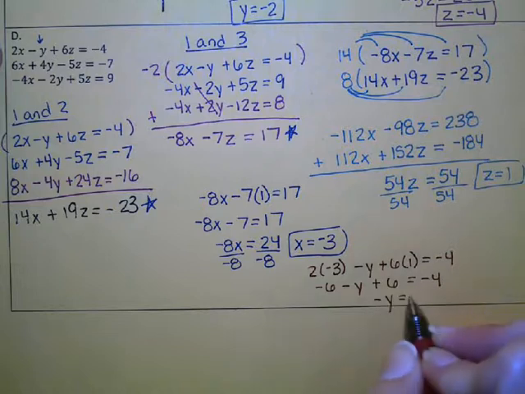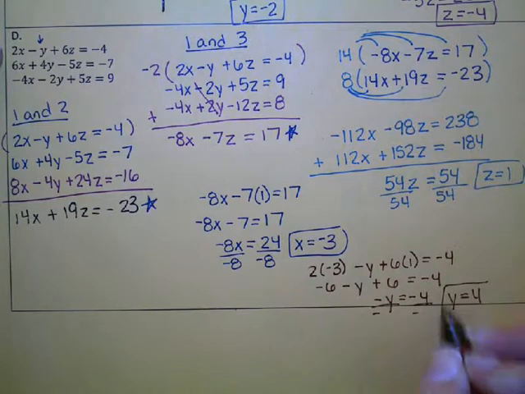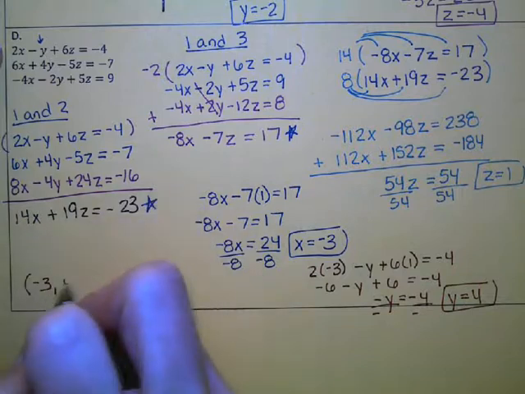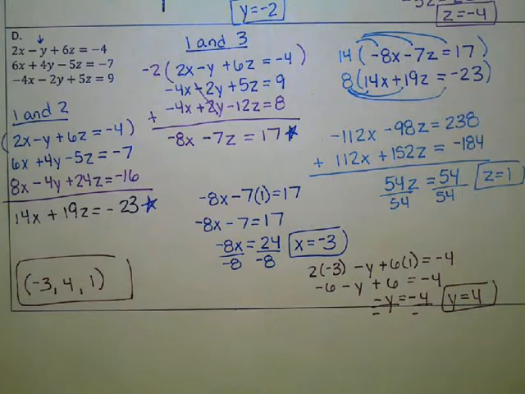And when I combine my like terms here, negative 6 plus 6 is 0. So I have negative y equals negative 4. Divide both sides by the negative. y equals 4. So remember your x, y, z answer. My answer would be negative 3, 4, 1. So that is my final answer.